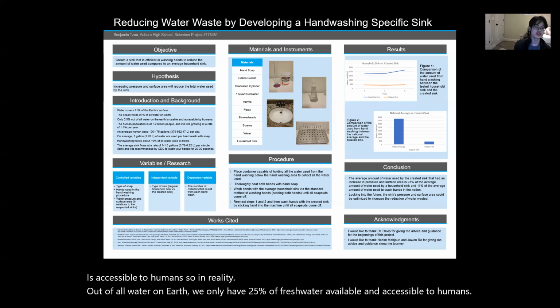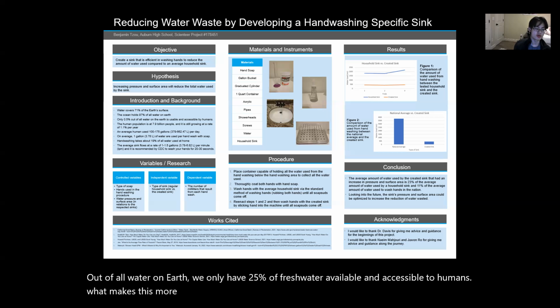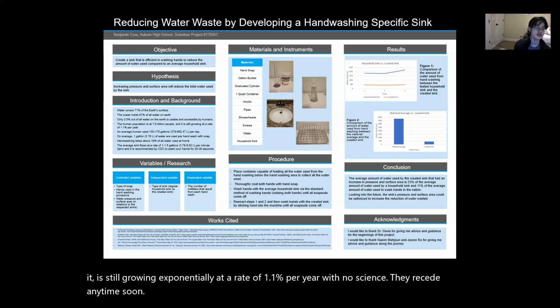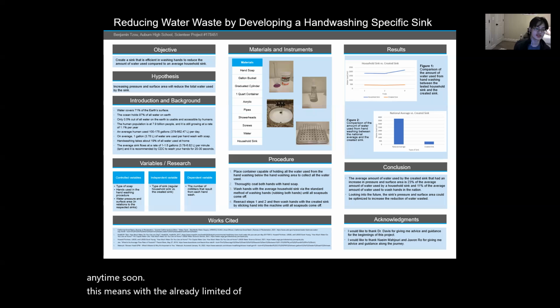What makes this more concerning is that the current human population is 7.9 billion people, and it is still growing exponentially at a rate of 1.1% per year, with no signs to recede anytime soon. This means that with the already limited amount of water usable and accessible to humans, we also have more people that will need water.